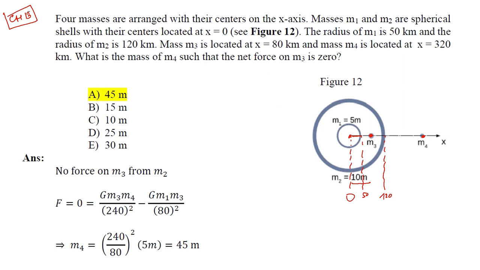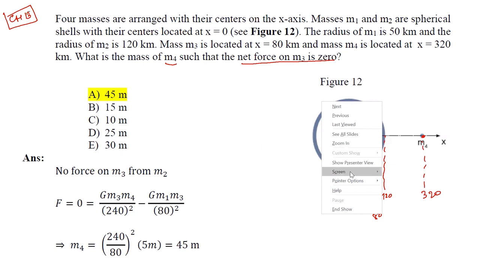And M3 is located at 80 kilometers, and M4 is located at 320 kilometers. Now, what is the mass of M4 such that the net force on M3 is 0? I want to look at M3 here. What is the net force on M3? So how many forces do I have on M3?